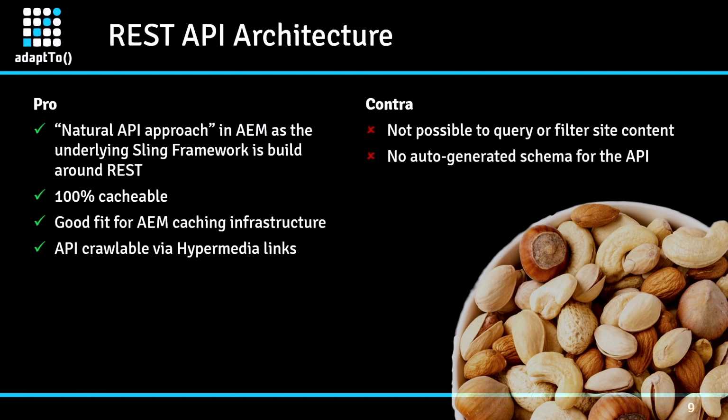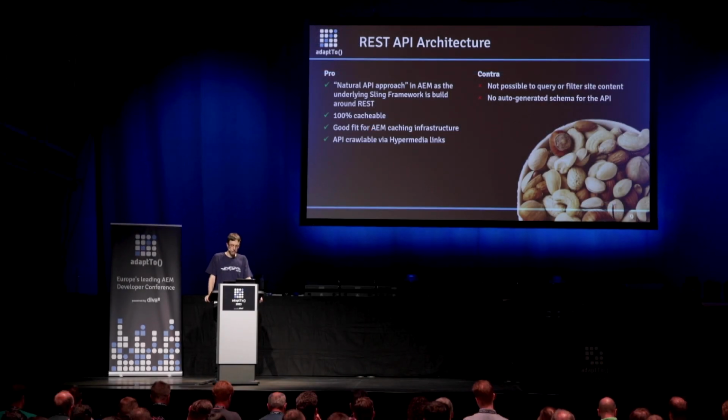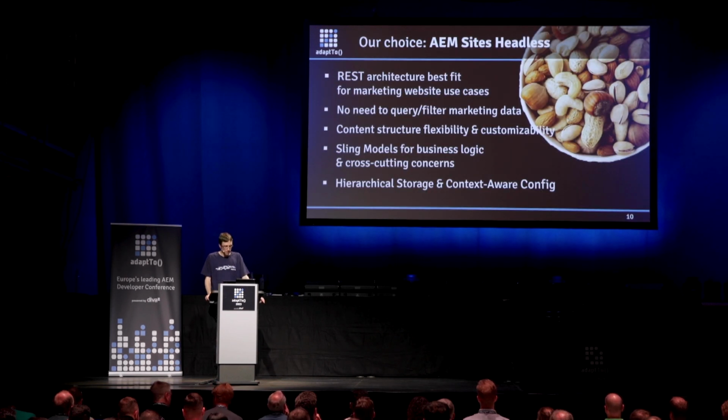And we usually propose to provide APIs this way, which are fully crawlable via hypermedia links, which is easy to achieve. Contra is, of course, you do not have this possibility to query or filter site content, and you do not have any auto-generated schema for the API, which is definitely a drawback. You have to do it manually, because it's nice to have a schema for validation and client purposes.